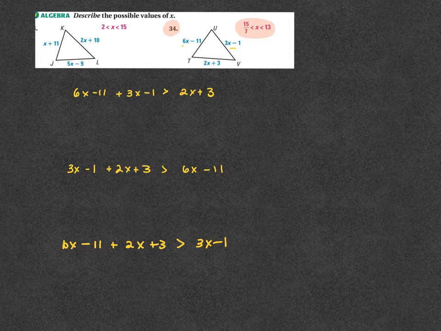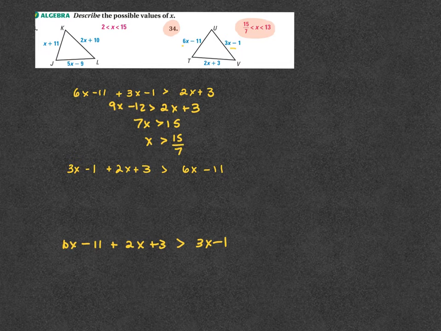So then I'm going to solve these. I'm going to combine my like terms here. 9x minus 12 is greater than 2x plus 3. 7x would be greater than 15, and x has to be greater than 15 over 7. Then do the next one. Combine like terms here. 5x plus 2 has to be greater than 6x minus 11.